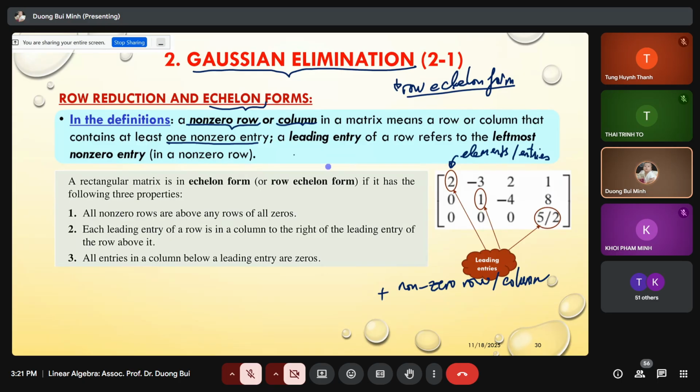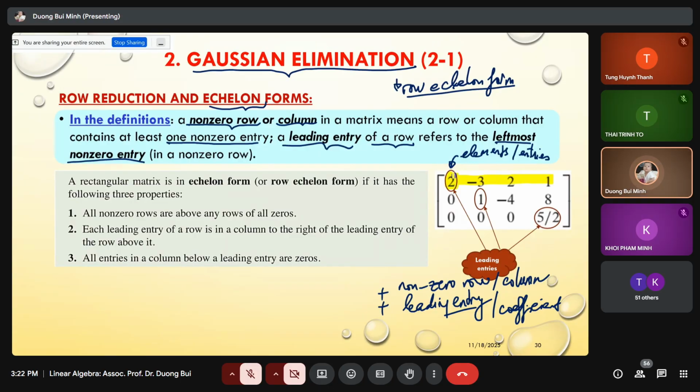The second concept is the leading entries, or the leading coefficients, the same. The leading entry or leading coefficient of a row refers to the leftmost non-zero entry in a non-zero row. If we consider this one, 2 is the leftmost, so this is the leading entry of the first row.